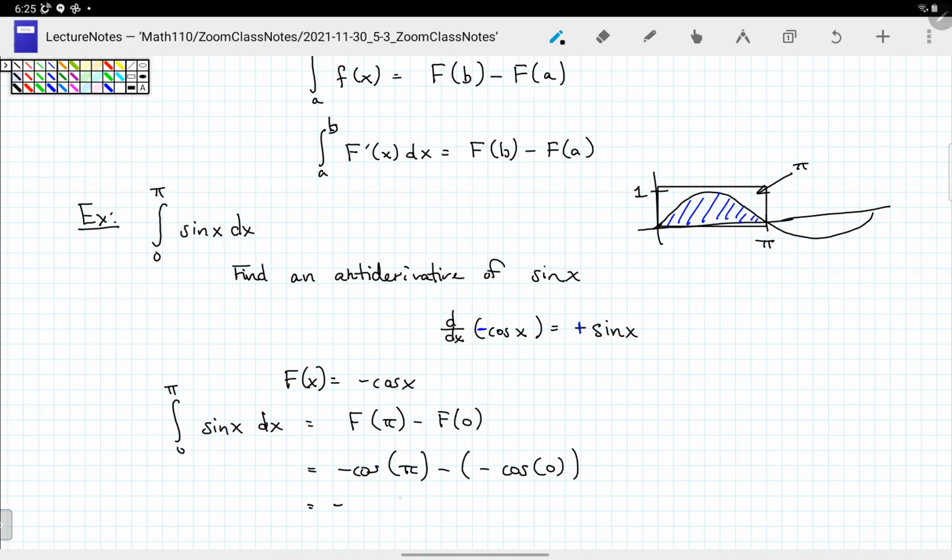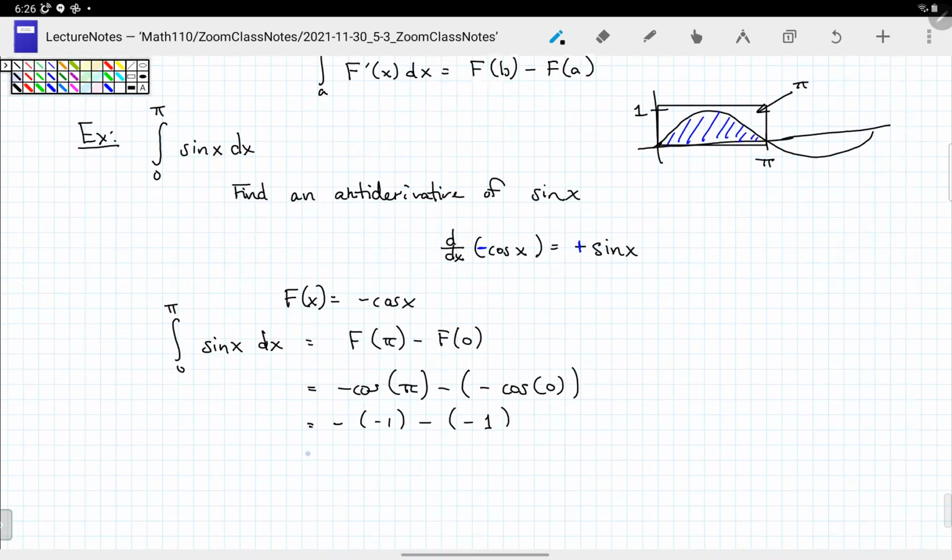Cosine of pi is -1, and cosine of 0 is 1. So this is going to be 1 plus 1, which is 2.